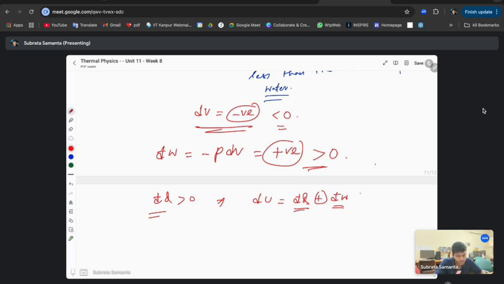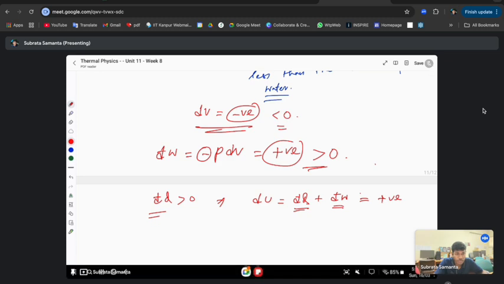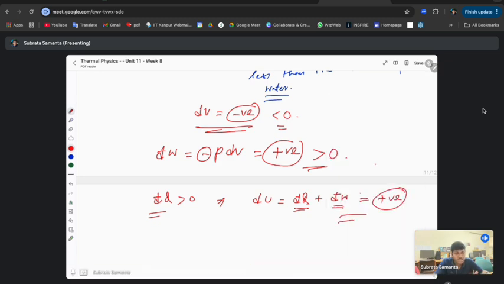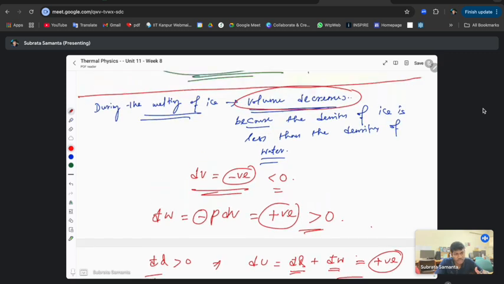Both are the same, so I chose this convention, which is why I put the plus sign here and the minus sign there. So dU becomes positive, since both dQ and dW are positive. So the change in internal energy is positive, which means the internal energy increases, right?